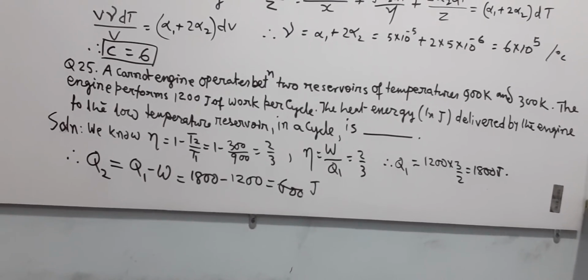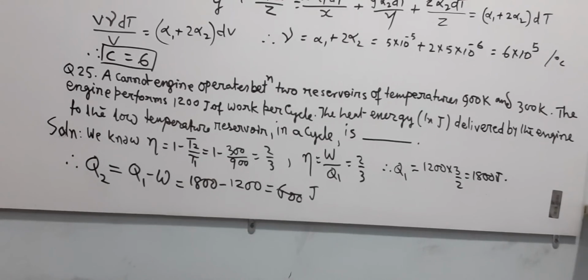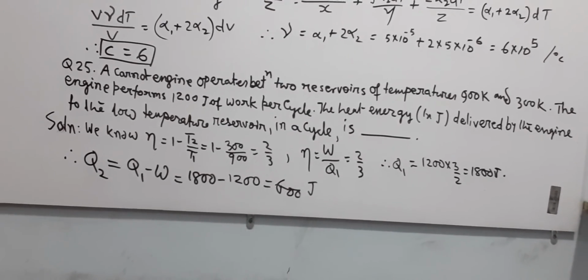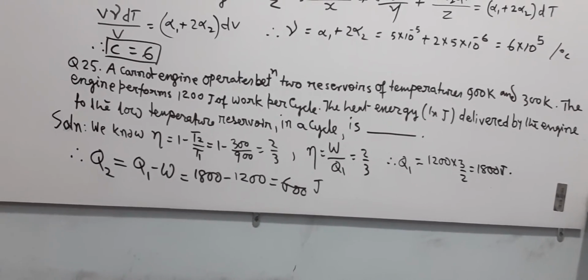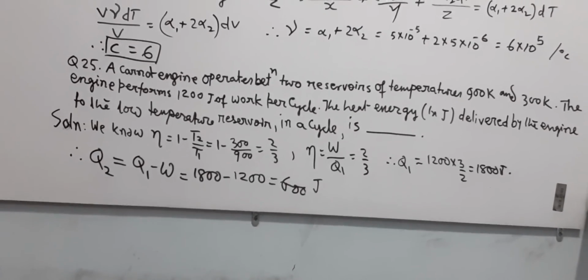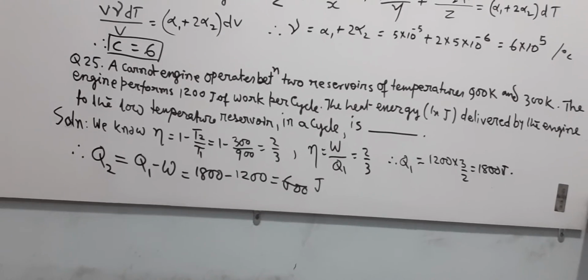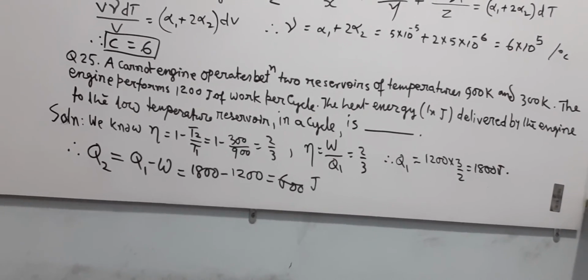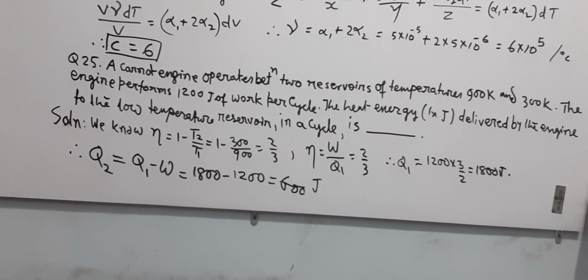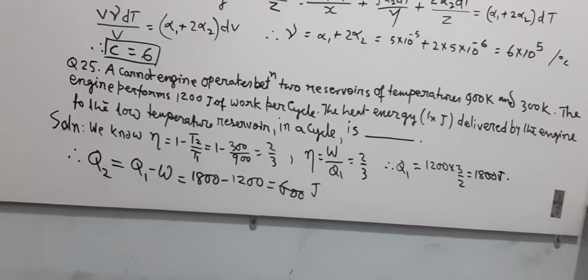Now, if we write W by Q1 equal to 2 by 3, and we know that per cycle work done is 1200 joules, putting this we can get Q1. Thereafter, we can find Q2, that is Q1 minus W, which is 600 joules. So, filling the blanks has to be completed with 600 joules.